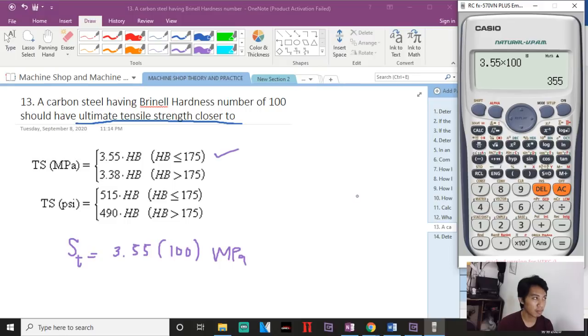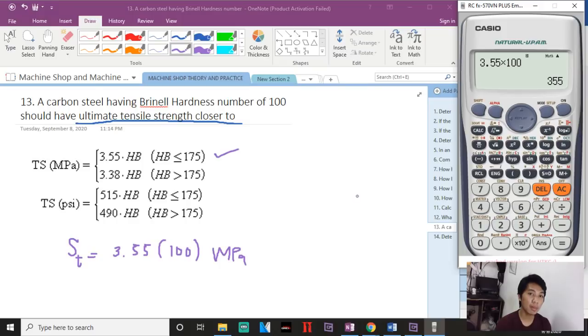Okay, class. Trivia, ano ang pinakamatigas na material sa buong mundo? Diamond, sir. Diamond. Ano siya sa Mohs scale? Pang ilan siya? 10, di ba?